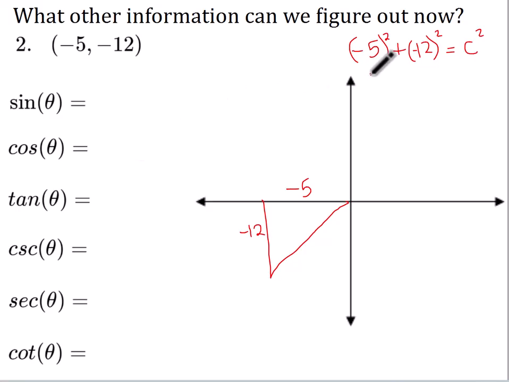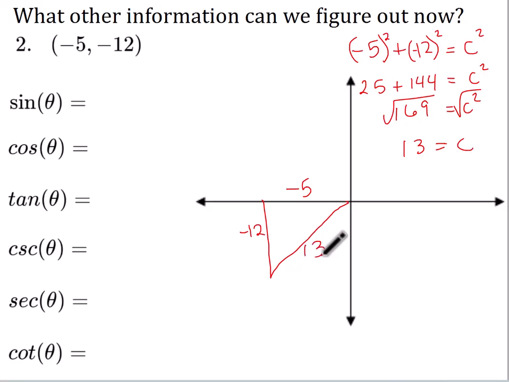The negatives must be in parentheses. Otherwise, you're going to get weird answers. And so when you do this, you end up with 25 plus 144 equals c squared. 169 equals c squared. And the square root of that is a nice happy number, 13.